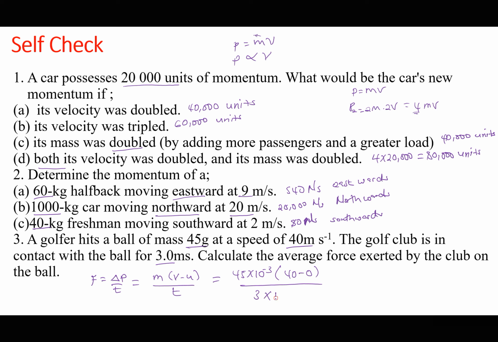So that is 3 times 10 to the power of minus 3, to change it to seconds, because milli stands for 10 to the power of minus 3. So this will be 45 exponent minus 3 times 40 divided by 3 exponent minus 3. So the force here is going to be 600 newtons.